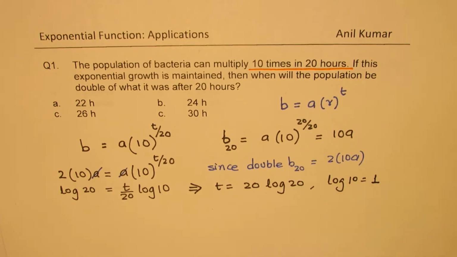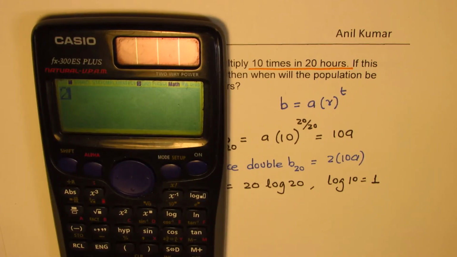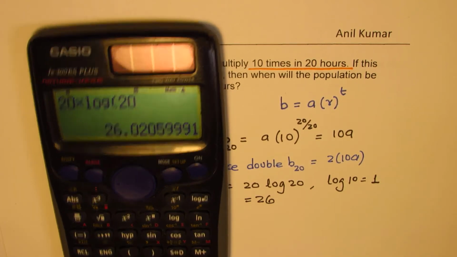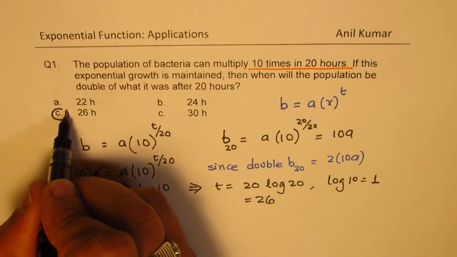So let's use our calculator to find this answer. It is 20 times log of 20, which is equal to 26 point something. So 26 hours is the right answer.